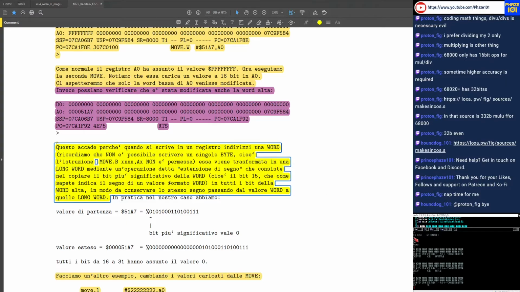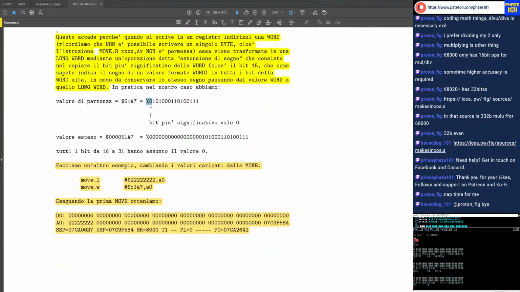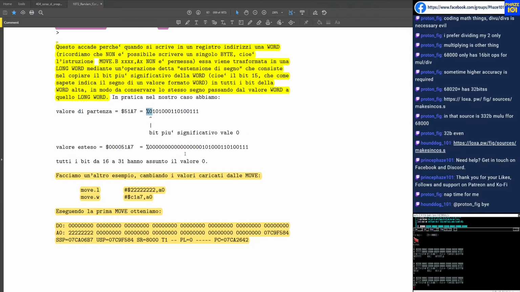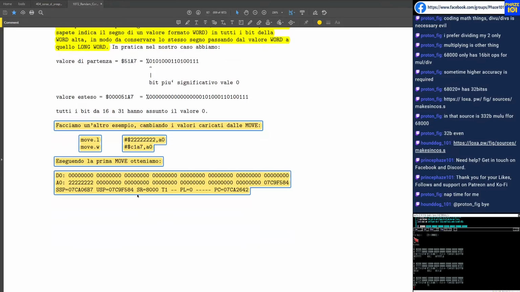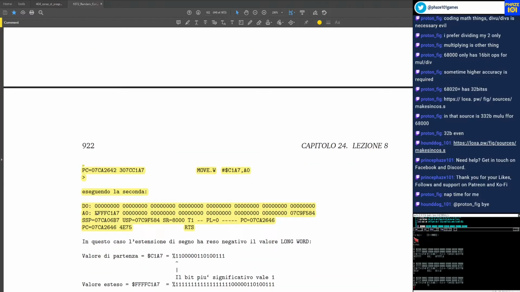If this bit is set, then they all become 1. If it's not set, they become 0. That's how it works. And we have seen this example here where they become all F's in the high word.